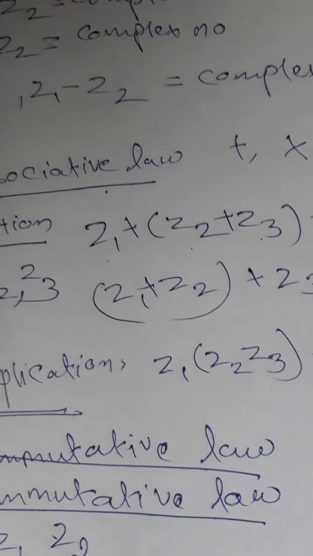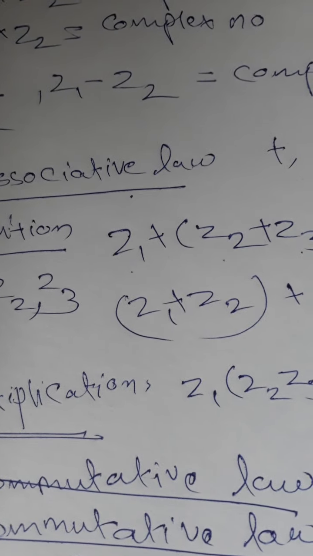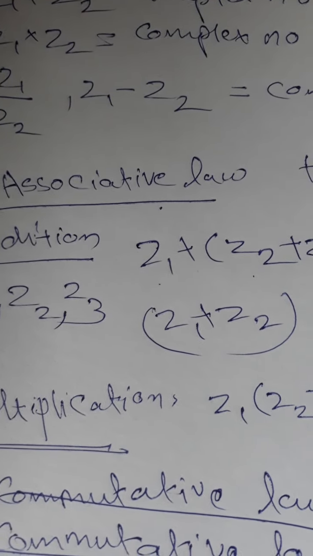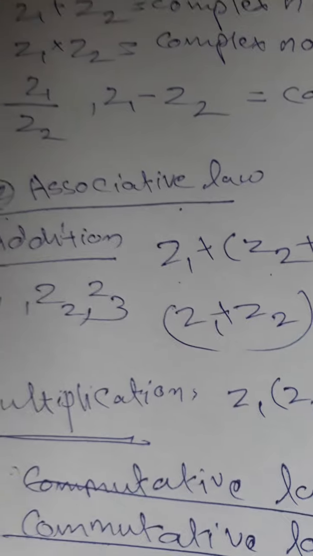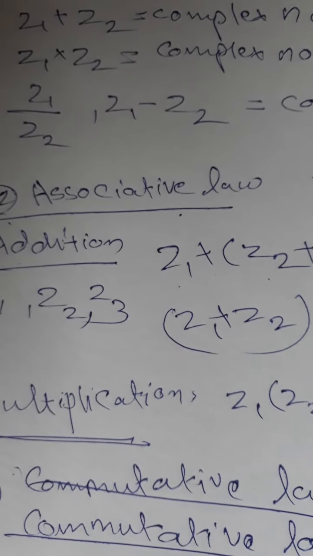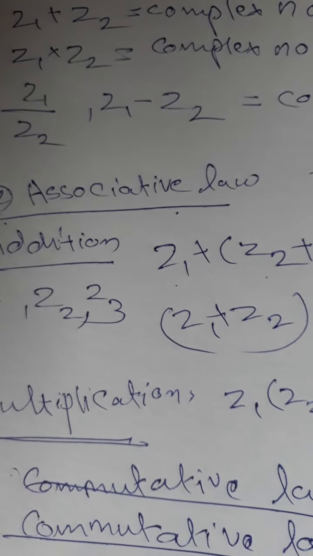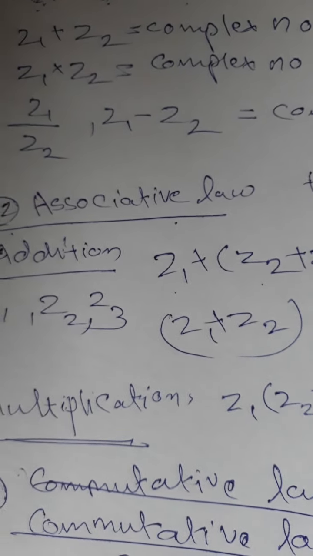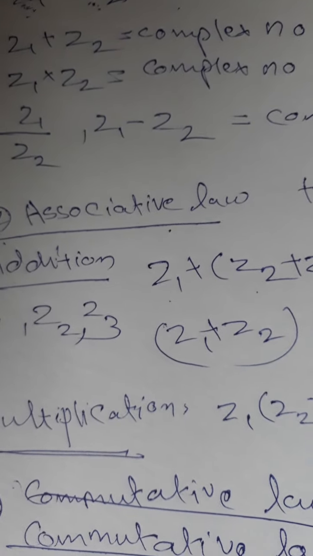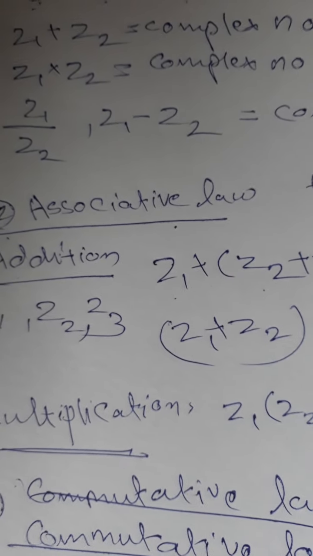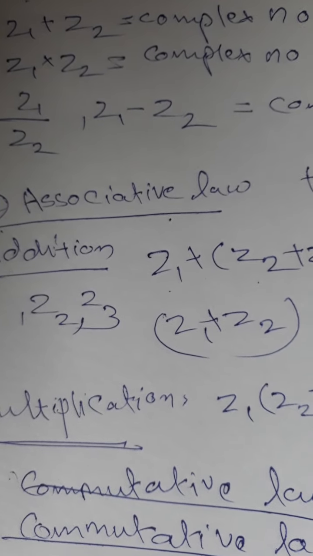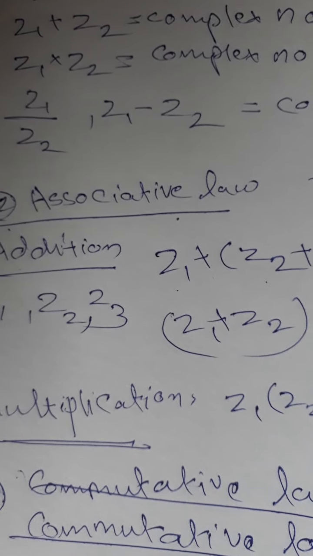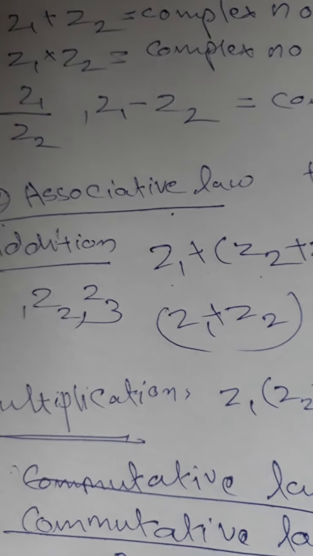In the next class we will be taking up how to find the additive identity, the multiplicative identity, the additive inverse and the multiplicative inverse. And we shall be proceeding with the modulus and conjugate of a complex number. Thank you.